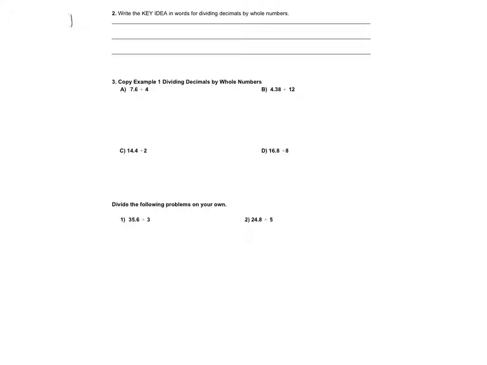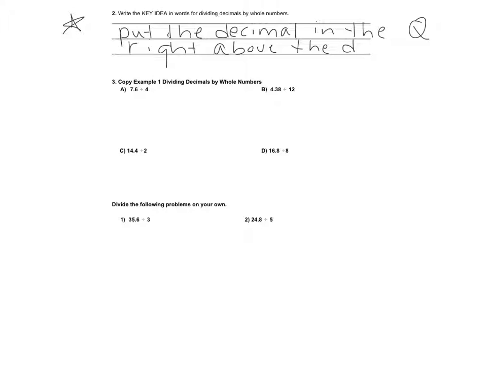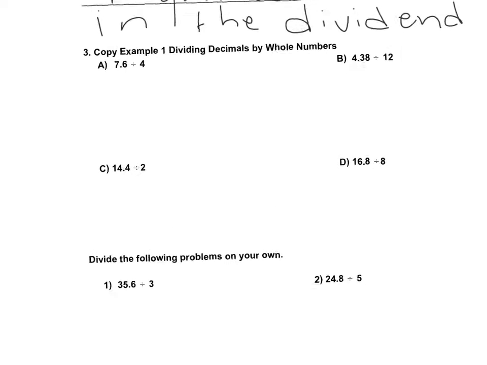So our key idea that we just went over is that you put the decimal in the quotient, in the Q, right above the decimal in the dividend. Now, your writing should be much neater than mine, and this shouldn't be a problem. Now, let's take a look at the first example.